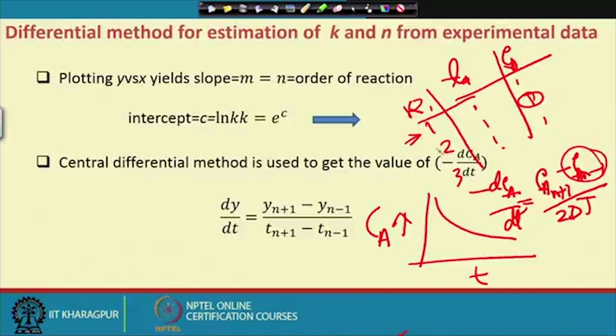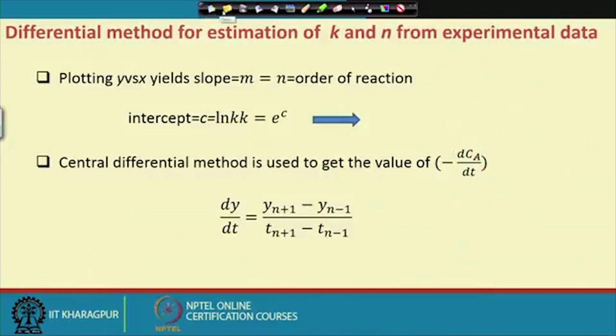This is the 1, 2, that may be in hours, maybe in minutes, the difference you have to give. You can easily find out the rate of change of substrate concentration, rate of change of product formation, all you can estimate with the help of the differential technique. This is called the differential technique.